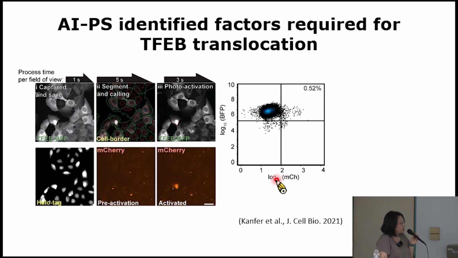In this screen, the authors screened a lot of cells using this AI-based program, and in this particular example, they isolated about 0.5% of all the cells that passed their threshold to be cells with a nuclear TFAB signal. Using this method, they identified interesting and previously unknown factors that are specifically required for the retranslocation of the TFAB transcription factor.